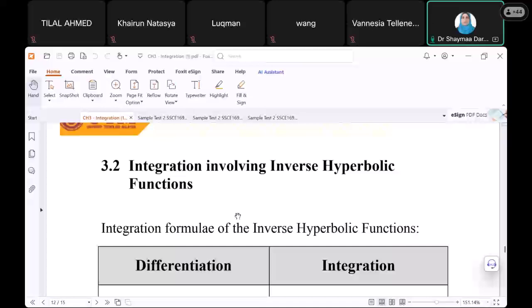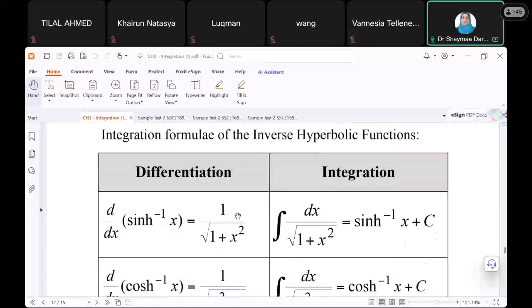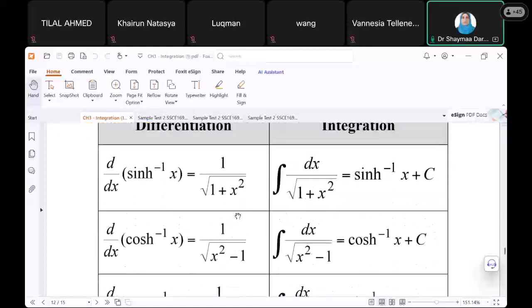Today we need to go for integrations that have inverse hyperbolic functions, not inverse trigonometric functions. But the idea is the same, the concept is the same. Let's go for the formulas we have.